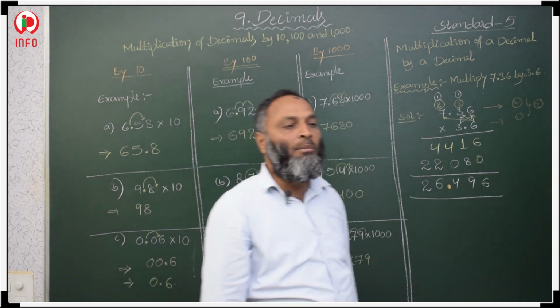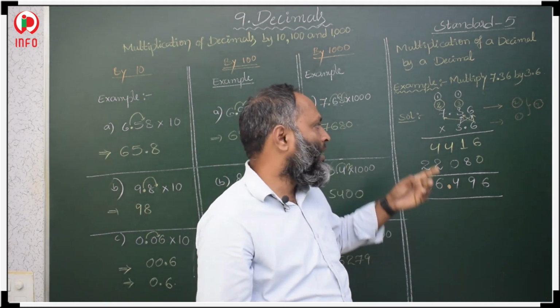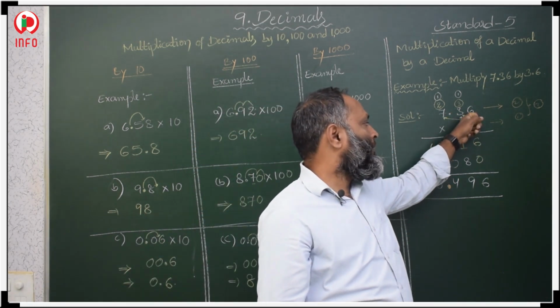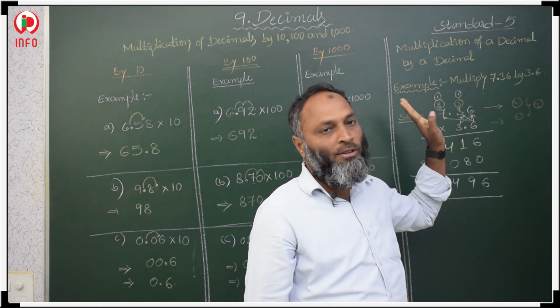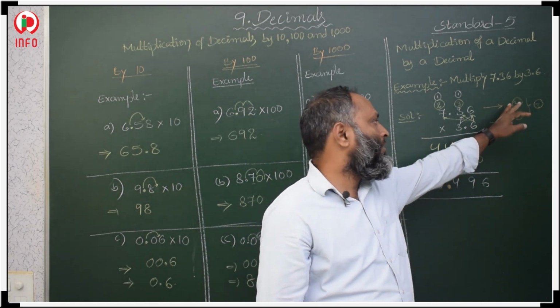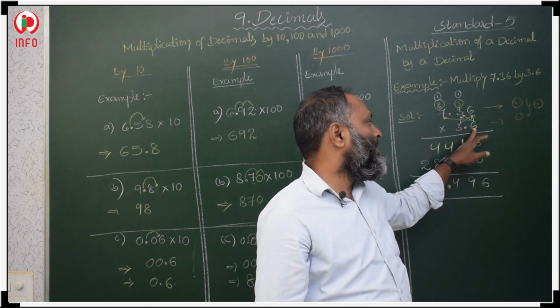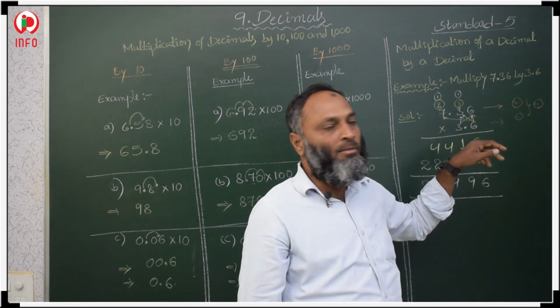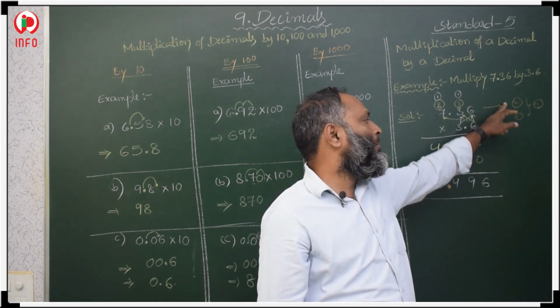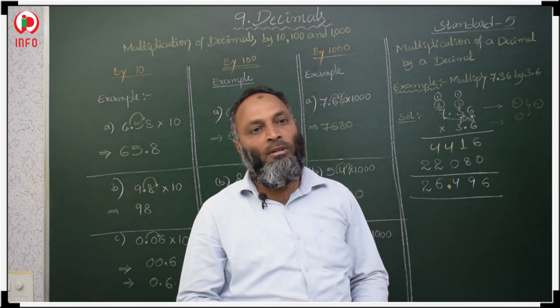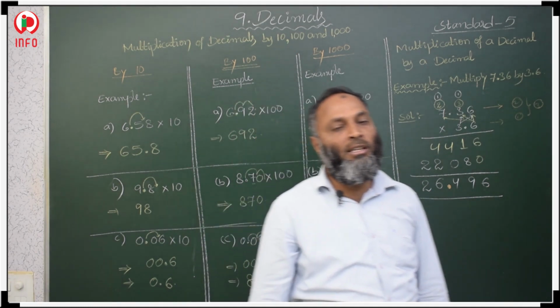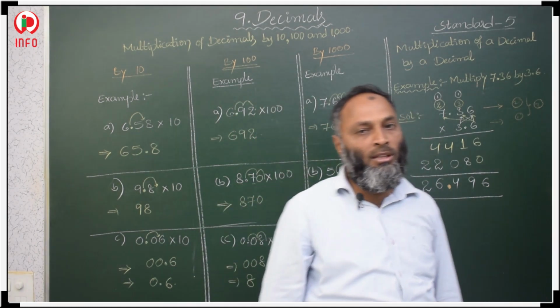In this way we keep the decimal. One more time: note down in the first number after how many digits from right to left we have a decimal, and in the second number after 1 digit. Then 2 plus 1 is 3, so in the answer from right to left after 3 digits we keep the decimal.